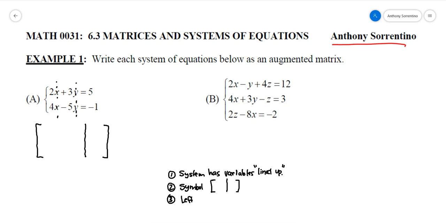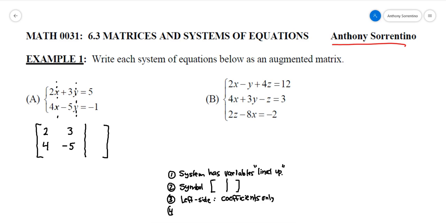The left side are the coefficients only. So the 2 and the 4 here, the 3 and the -5 here.